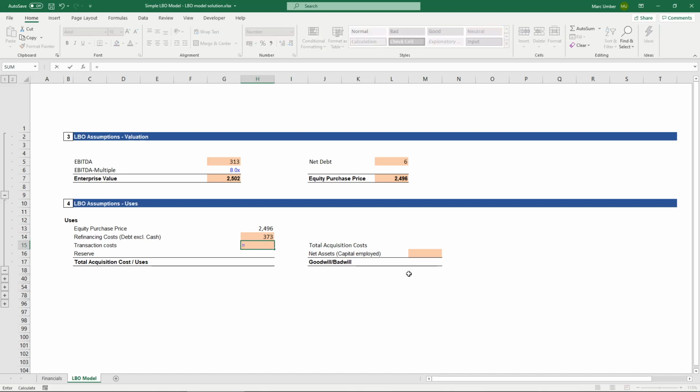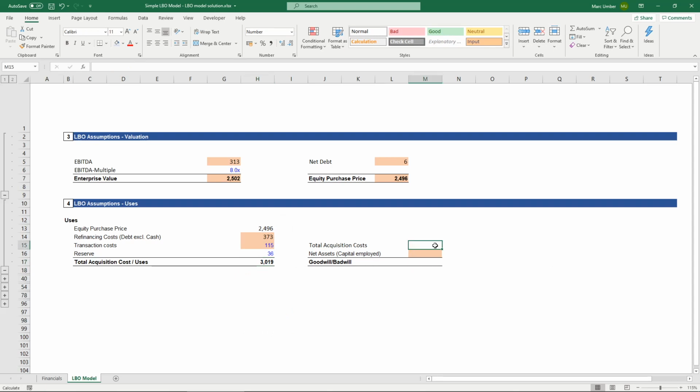We have an assumed transaction costs of 4%. And we have an additional capital reserve that we want to make sure of 1.2%. So in total, our total acquisition costs amount to 3.019.